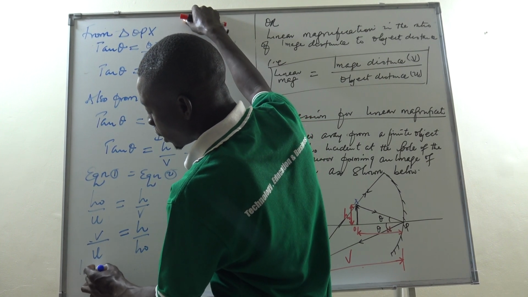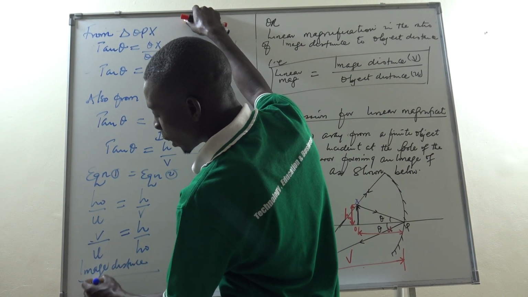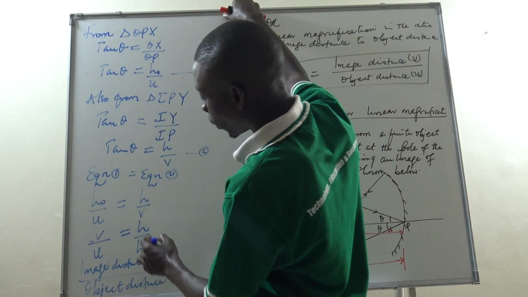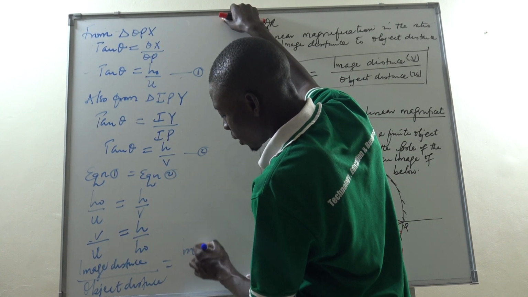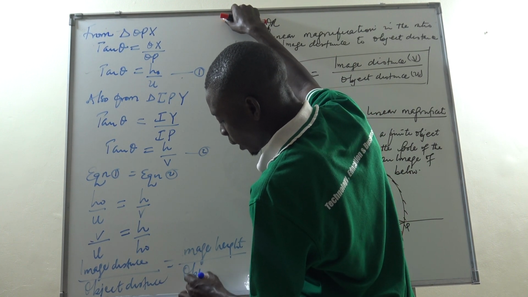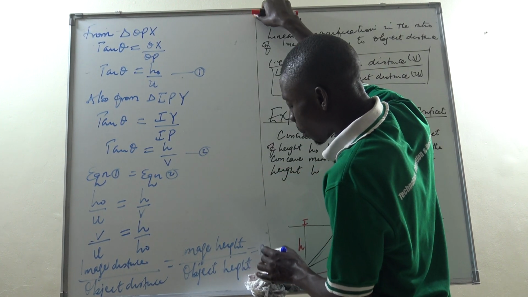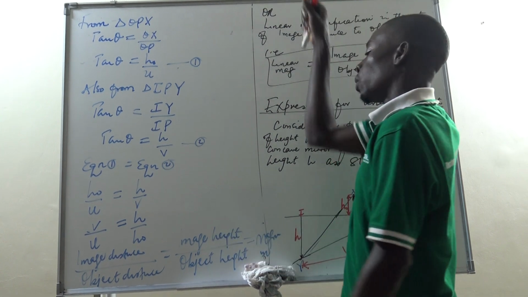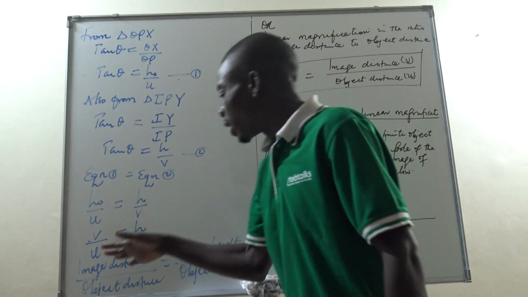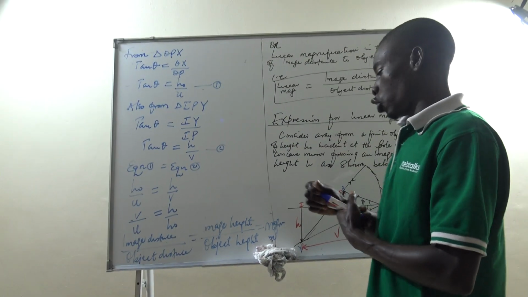Where v is image distance, out of u, object distance, is equal to image height over object height. And this is what we are calling magnification, m. Is that okay? So that is our expression for magnification, either image distance over object distance or image height over object height. That is magnification. Thank you.